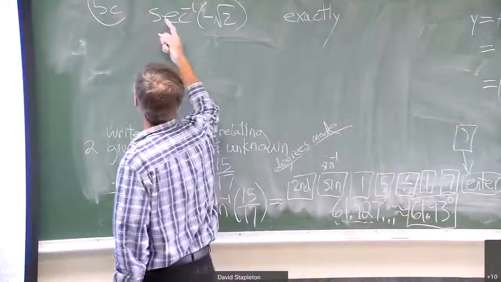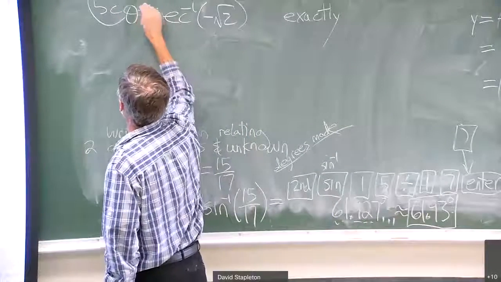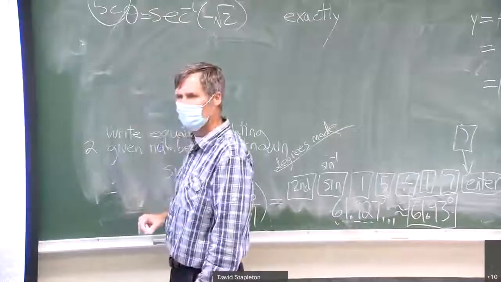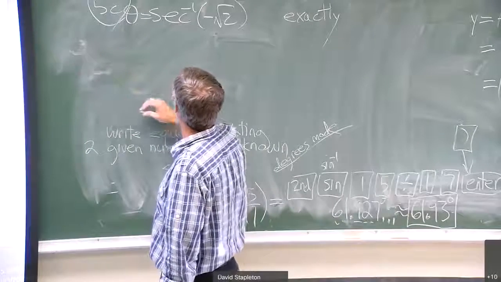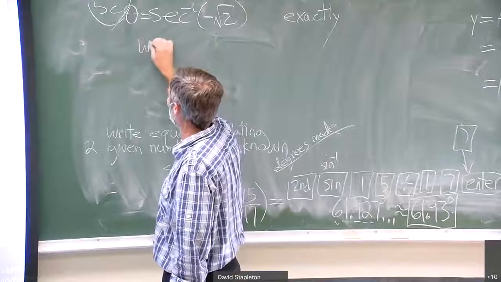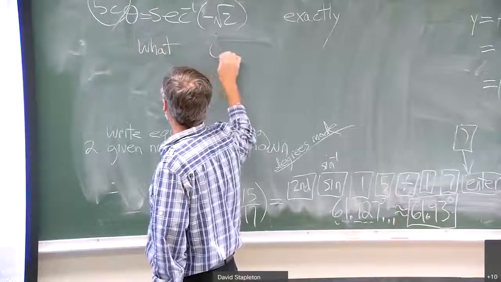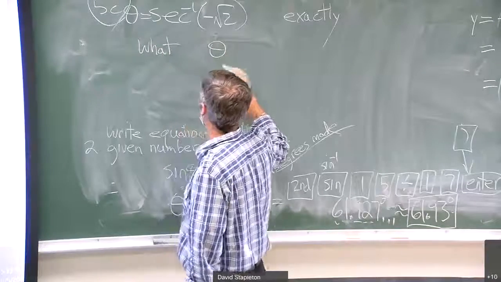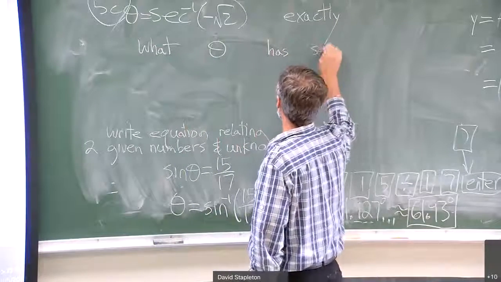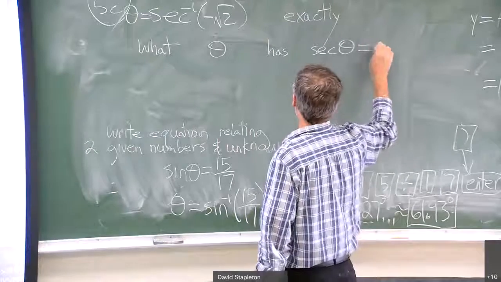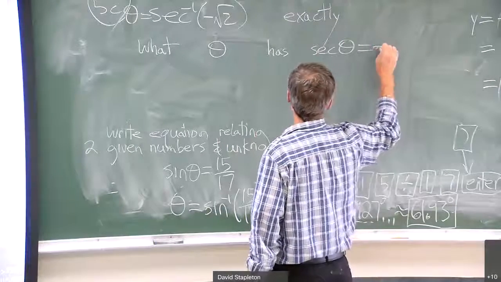This is giving an angle whose secant is minus square root 2, so I can call it theta. This is asking what theta within the range of the inverse secant has secant theta equal to minus square root 2.